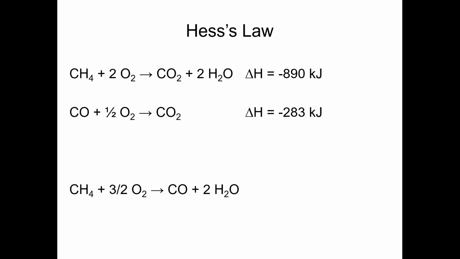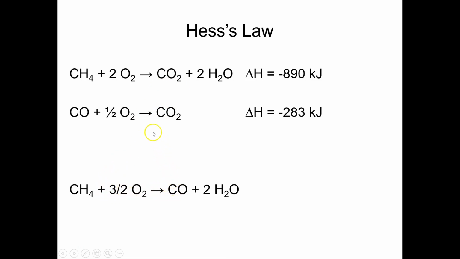Okay, so let's think about what we're given. We're given these two equations and their enthalpy changes. We want to know the enthalpy change for this reaction. The way that you do that in practice is to try to manipulate these two equations so that they will add up to this one.